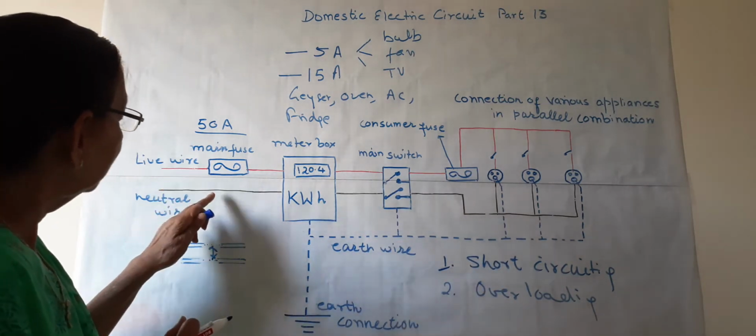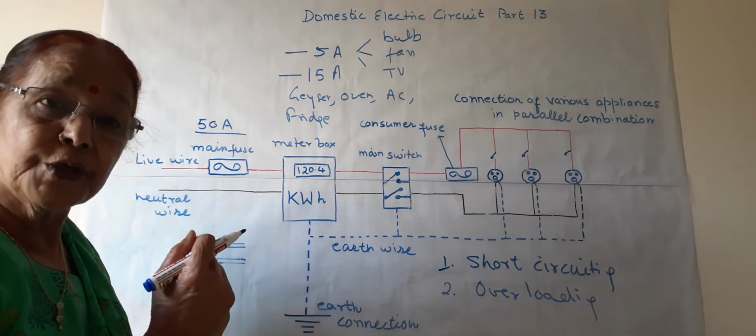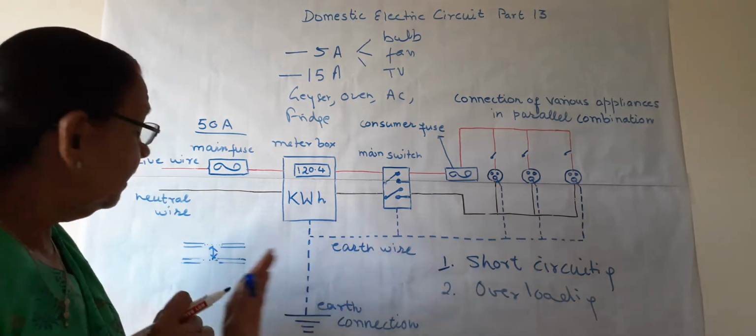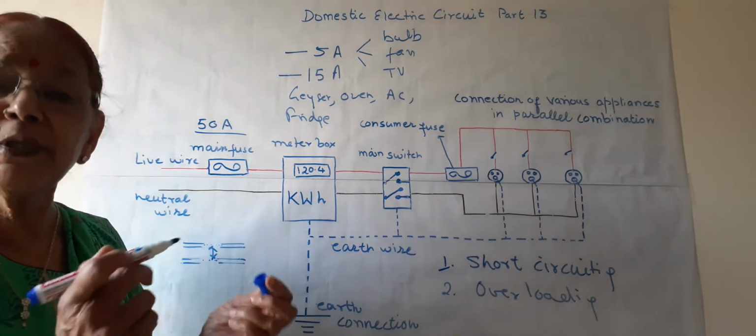This live and this neutral, if they touch each other, then the short circuit takes place and the potential now becomes 0.